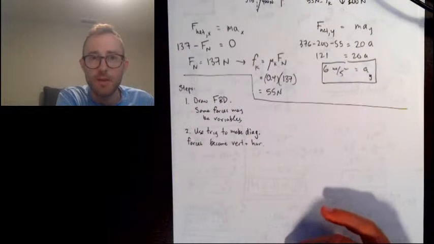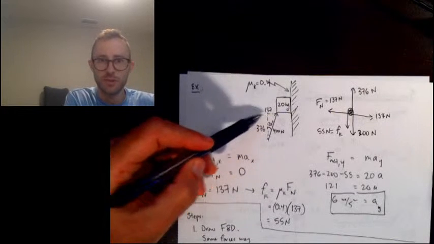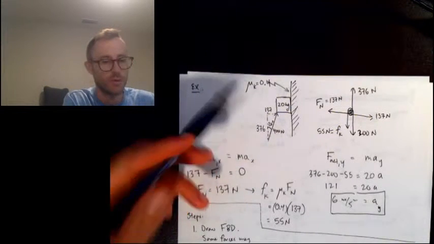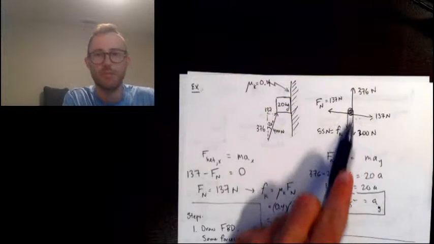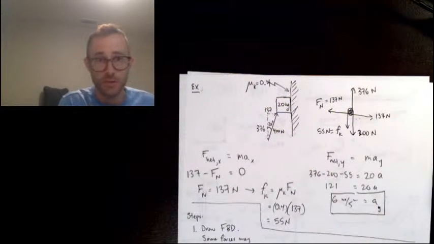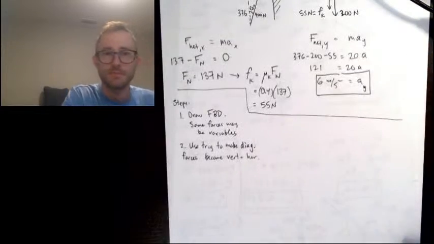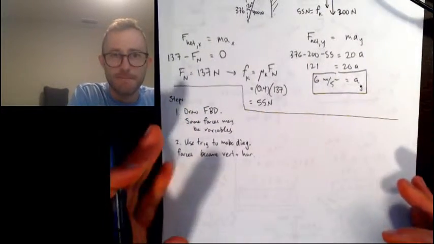You can see that I took this diagonal force and I used trigonometry to show that it was equivalent to a right force of size 137 and an up force of size 376.